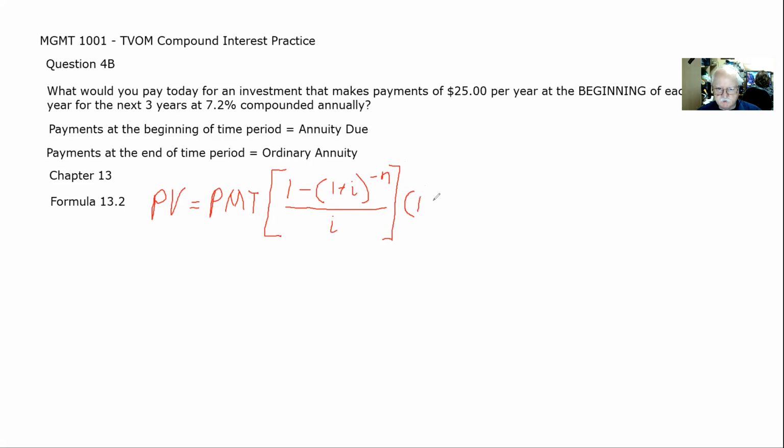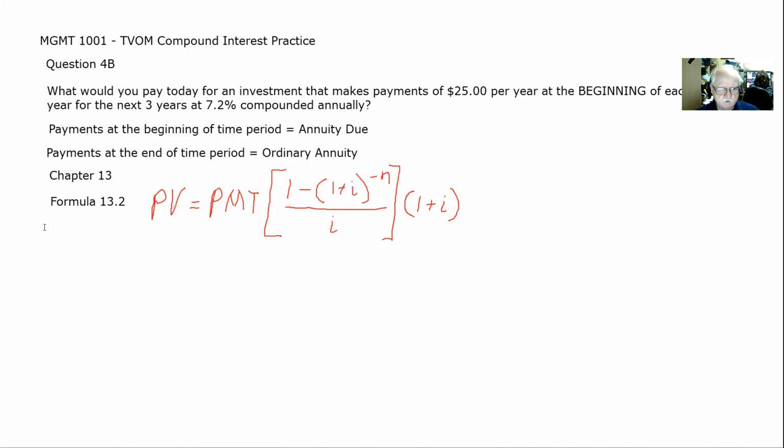So we've got to multiply this by 1 plus I here. So it's exactly the same formula with this extra term to accommodate the payment at the beginning of the time period.